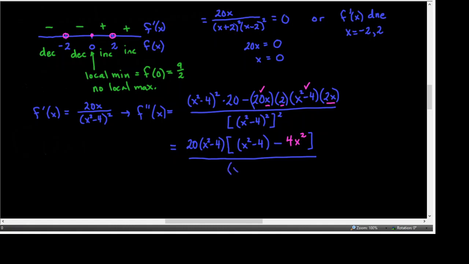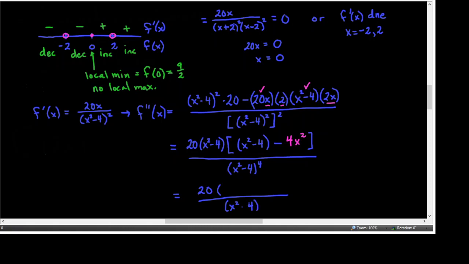And of course, powers on powers, you multiply the exponents. 2 times 2 makes that an exponent of 4. And 1 of the x squared minus 4 in the denominator cancels the 1 in the numerator. So that leaves x squared minus 4 cubed.